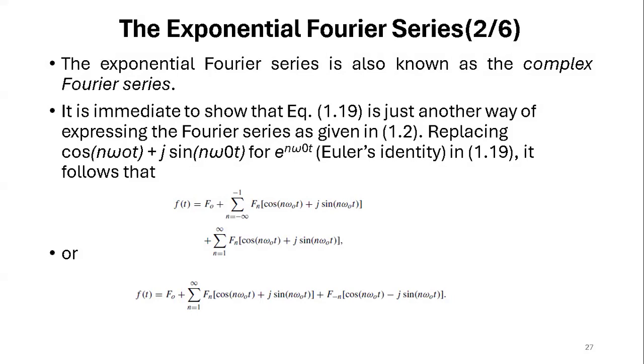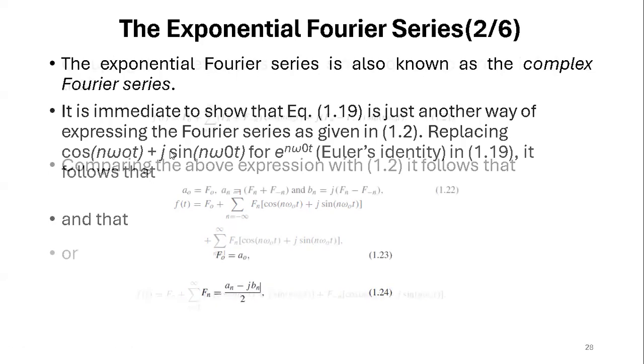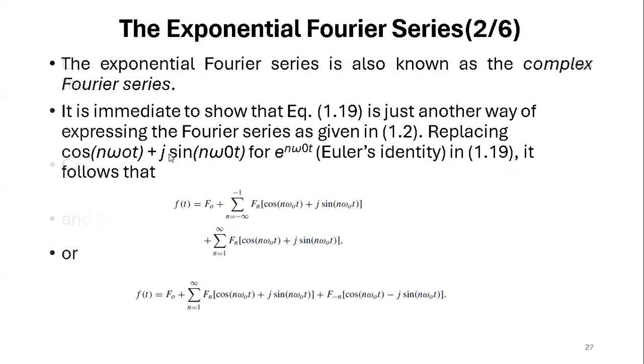It is easy to show that equation 1.19 is just another way of expressing the Fourier series as given in equation 1.2. Replacing cos n omega t plus j sin n omega t, where cos is the real value and j sin is the imaginary value, complex numbers you can say, is Euler's identity.